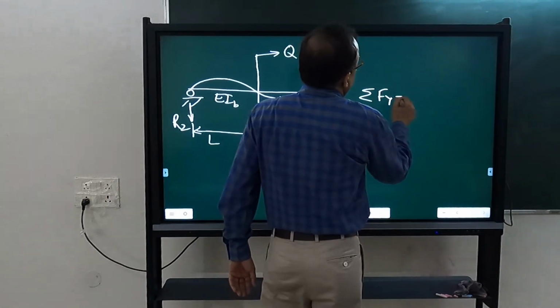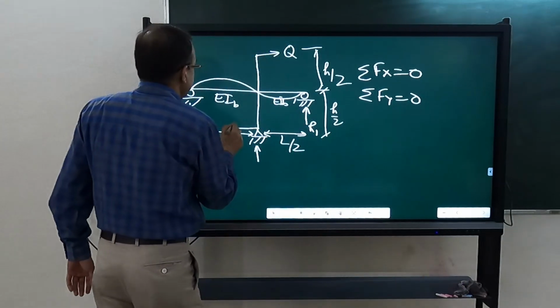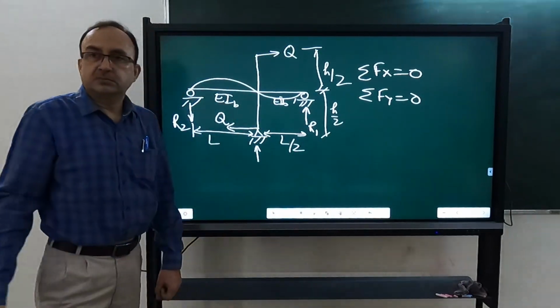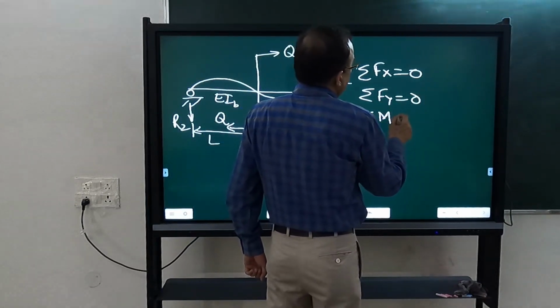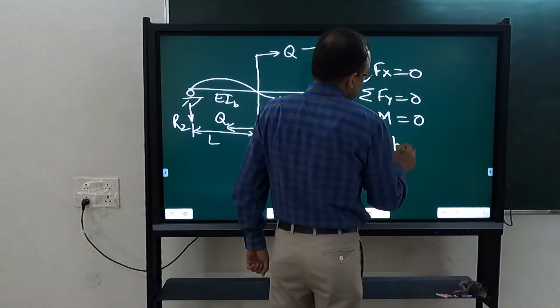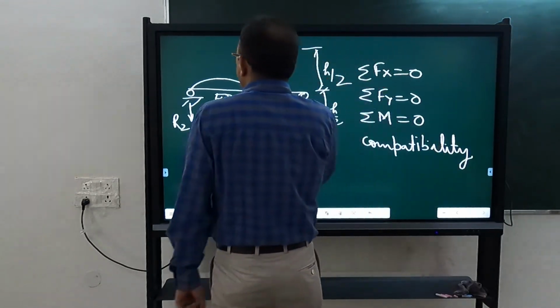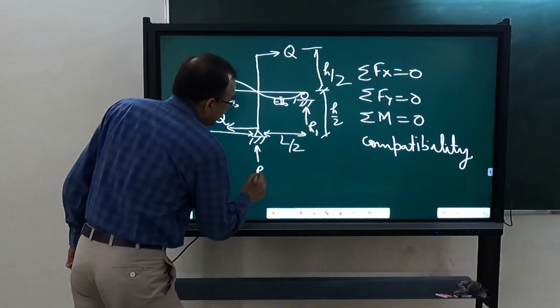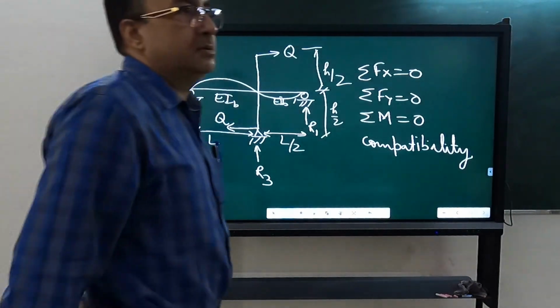Summation Fx equal to 0, that will give you that this is Q. Summation Fy equal to 0, summation M about any point equal to 0, and compatibility. Can you use these equations and tell me R1, R2 and R3, like we have done in the previous case?